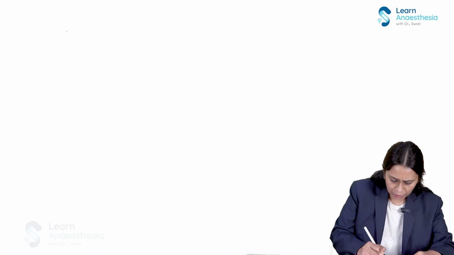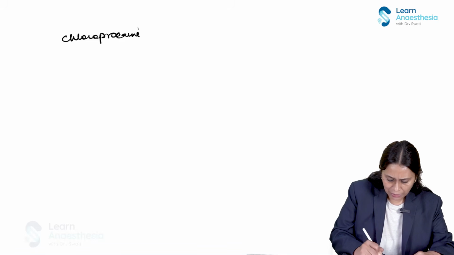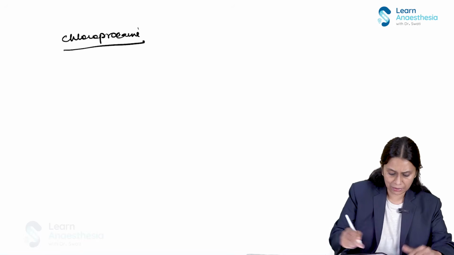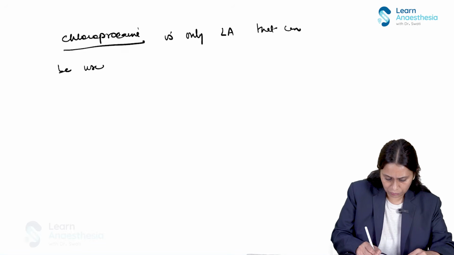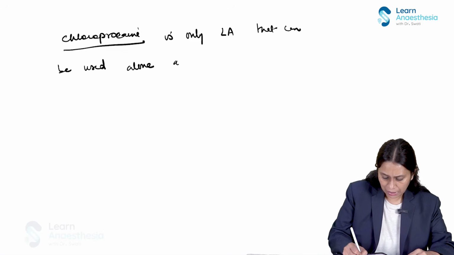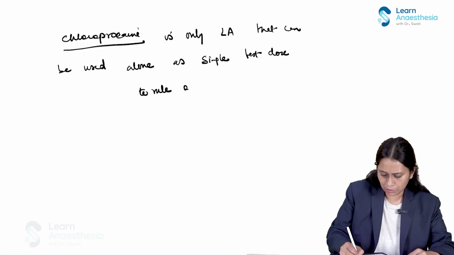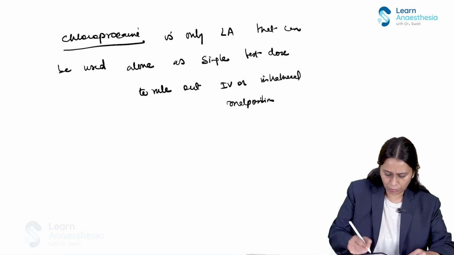So chloroprocaine, which is the very shortest acting local anesthetic, is the only LA that can be used alone as a single test dose to rule out IV or intrathecal placement, intrathecal malposition.